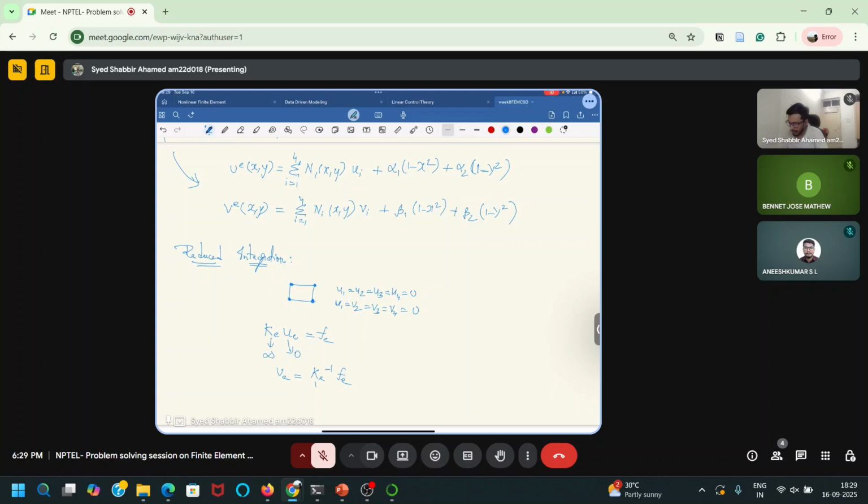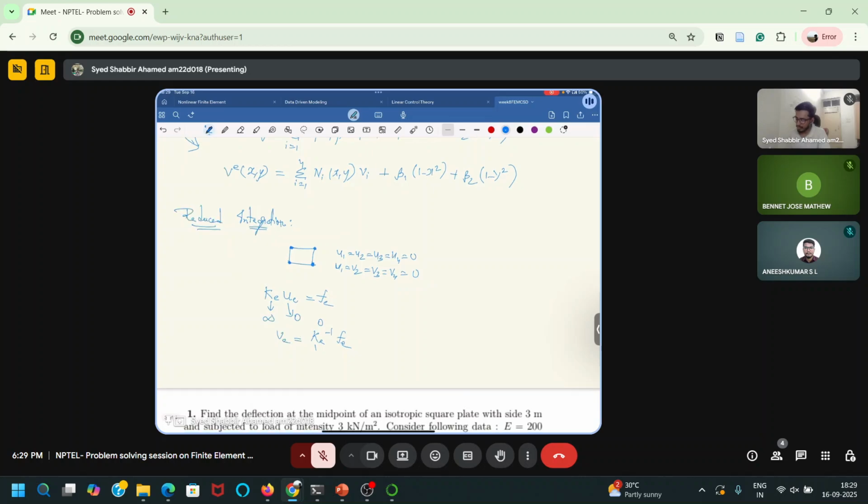So if K is very high, when I take the inverse, it will become 0, and 0 into FE will become 0. After you do the finite element formulation for this beam using the four noded quadrilateral, you will get this KE which has a high stiffness.